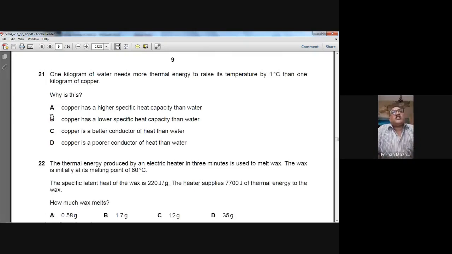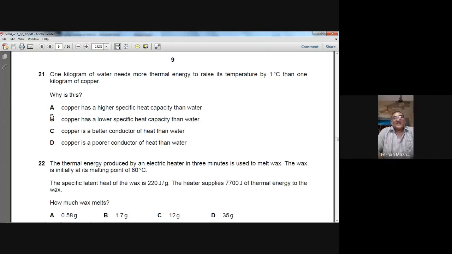On your screen right now, we have question number 21. 1 kilogram of water needs more thermal energy to raise its temperature by 1 degree centigrade than 1 kilogram of copper. The reason is that if you want to raise the temperature of copper, you need very little energy. But when you want to raise the temperature of 1 kg of water, you need a lot of energy comparatively.